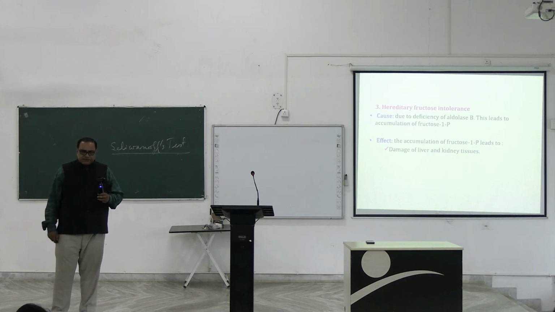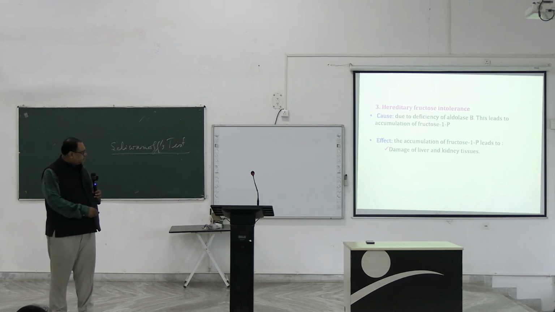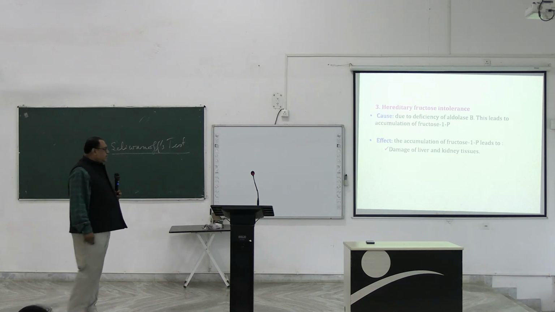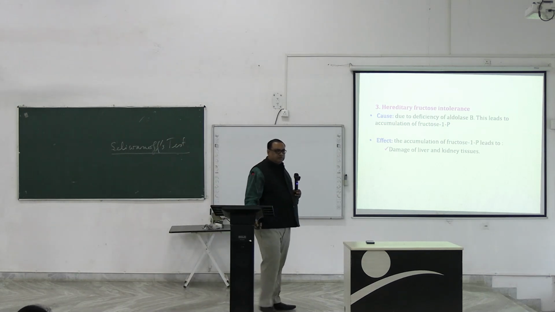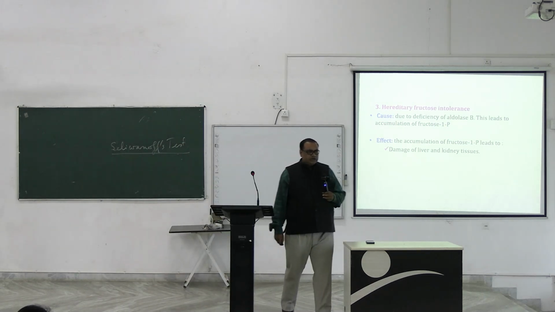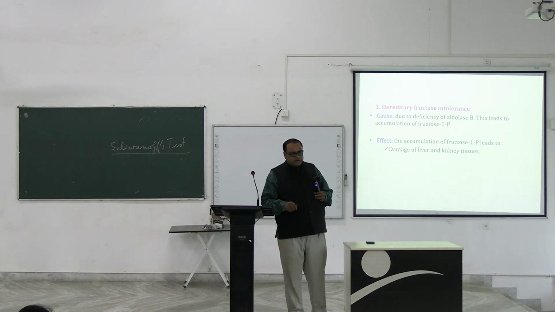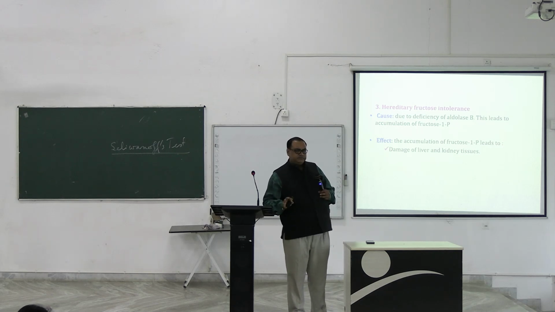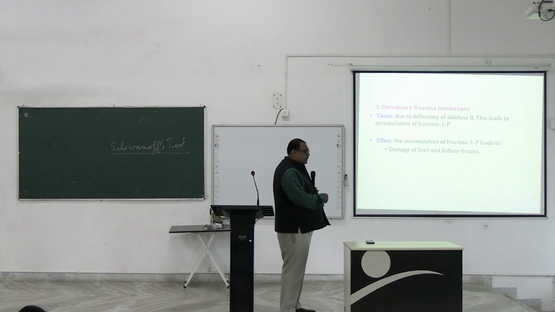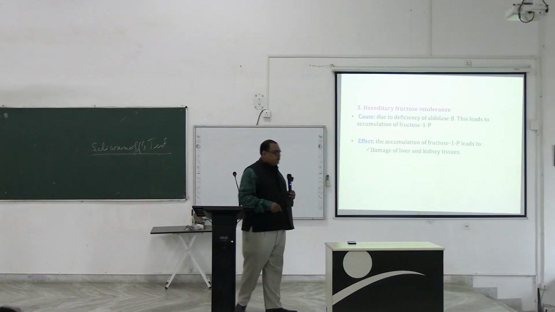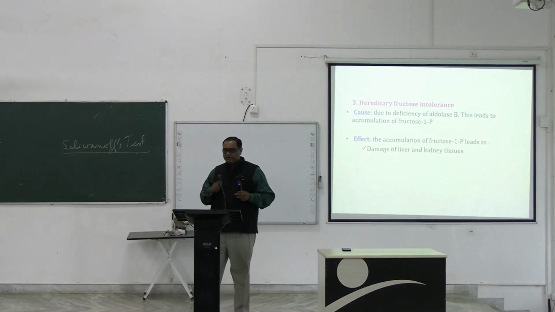If the same thing happens in the kidney, these two organs are affected, and you will die due to liver damage. So aldolase B deficiency will cause liver damage, cirrhosis of the liver. It is hereditary fructose intolerance, HFI.